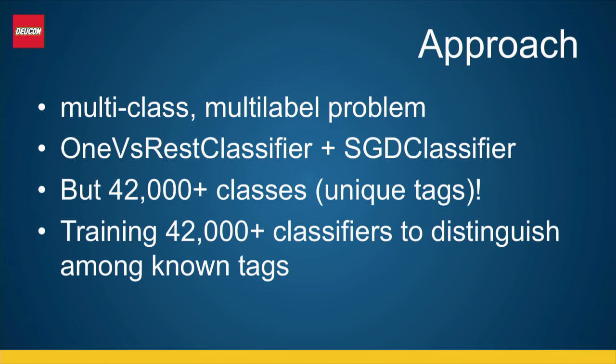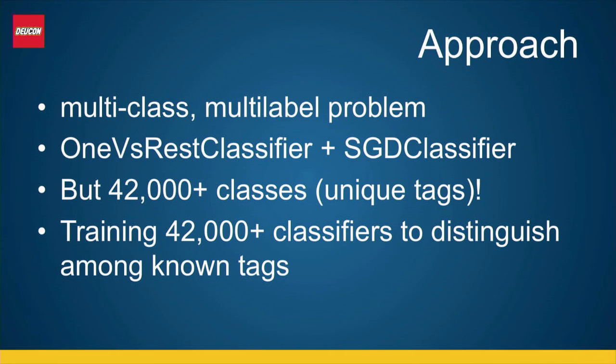The approach we're going to take is a one versus rest classifier, using the SGD classifier as a way to do that. I'll show you an example of this shortly. But one constraint here is we have like 42,000 classes. As you scan through those 2 million examples, there are 42,000 different labels in that data set. That's quite a few classifiers.